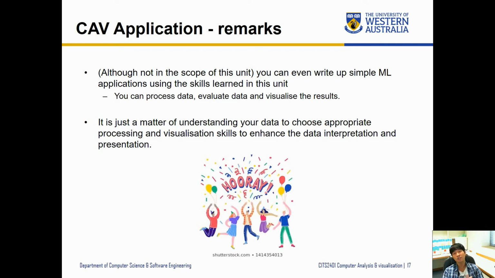It's just a matter of understanding your data to choose appropriate processing and visualization skills to enhance data interpretation and presentation. Hopefully this unit has provided you sufficient knowledge to handle data and visualize it.